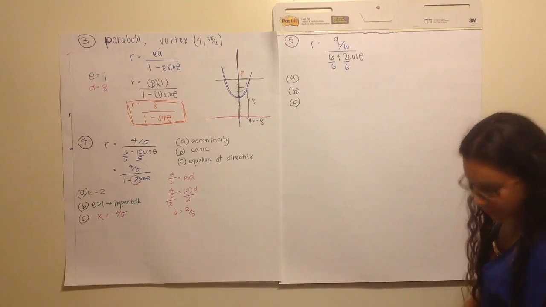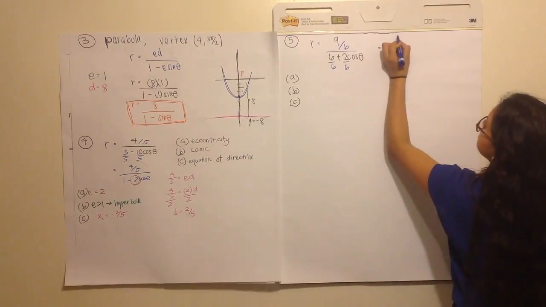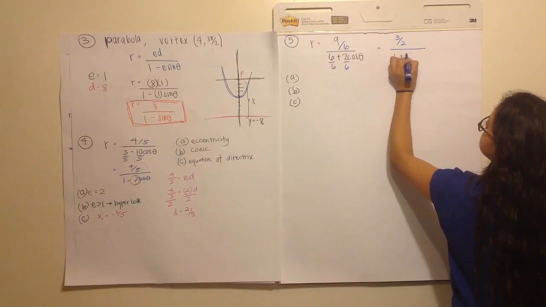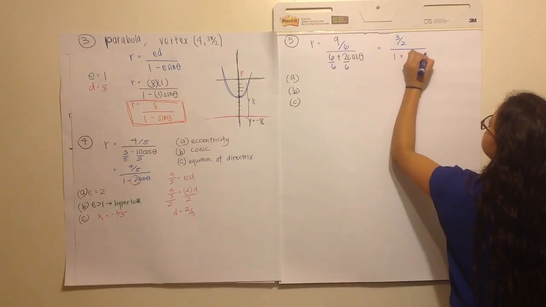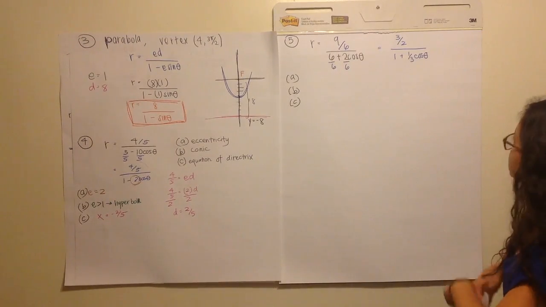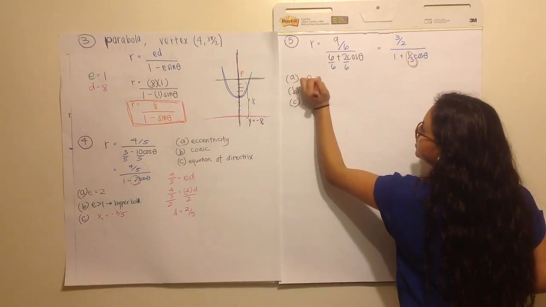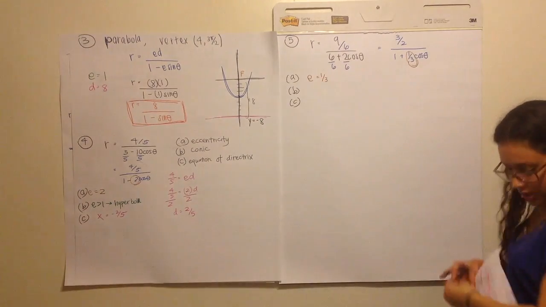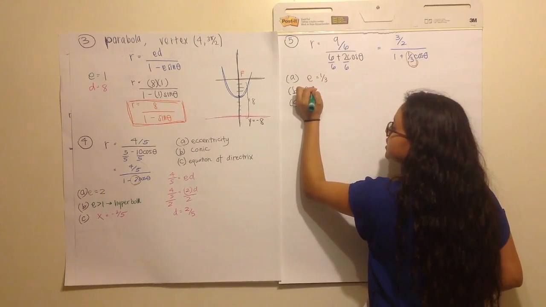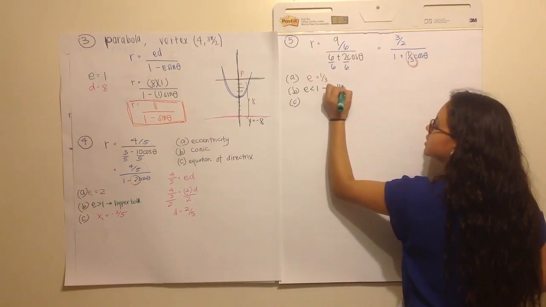So once we divide by 6, we get that this equals 3 over 2 over 1 plus 1 over 3 cosine theta. So we know now that our E is 1/3. So E equals 1/3. And 1/3 is less than 1, of course. So our E is less than 1, which means it's an ellipse.